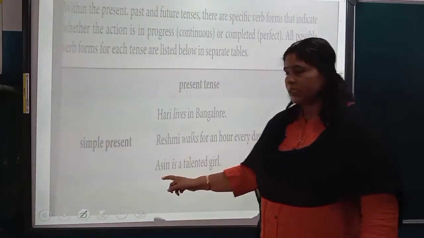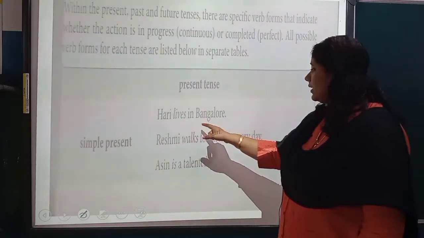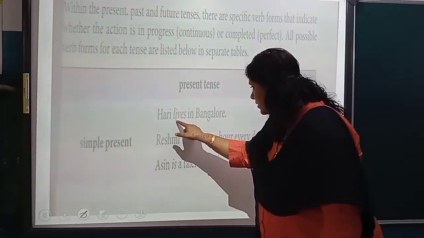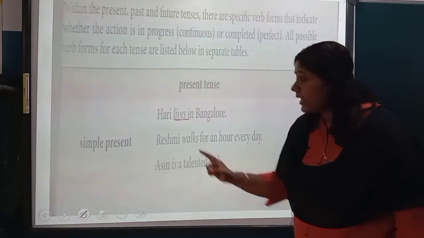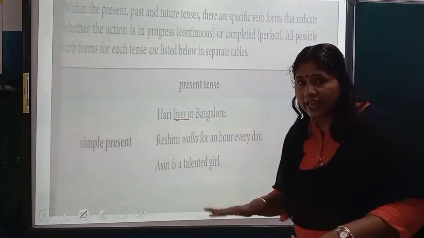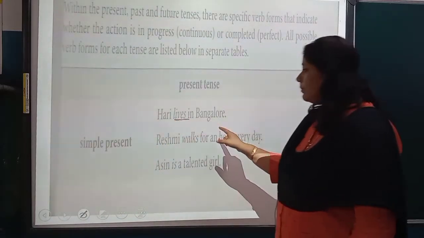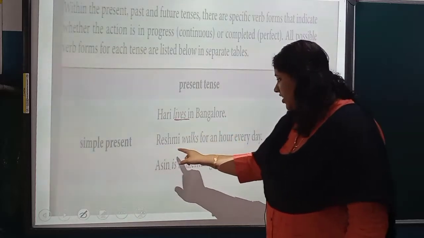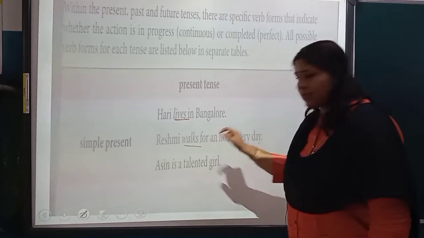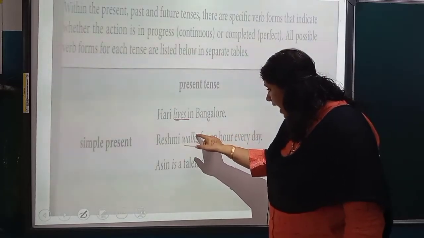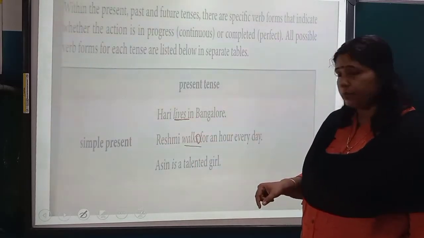Simple present. Hari lives in Bangalore. See, lives, isn't it? Hari is singular and present tense. He still lives there. So Hari lives in Bangalore. Next, Reshmi walks for an hour every day. Walks. See, adding s to the verb. Why?